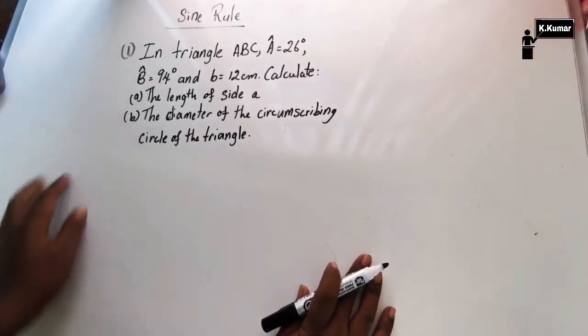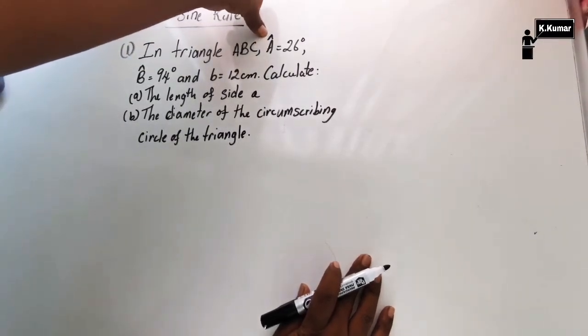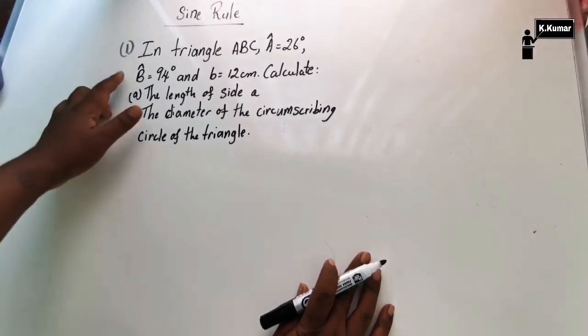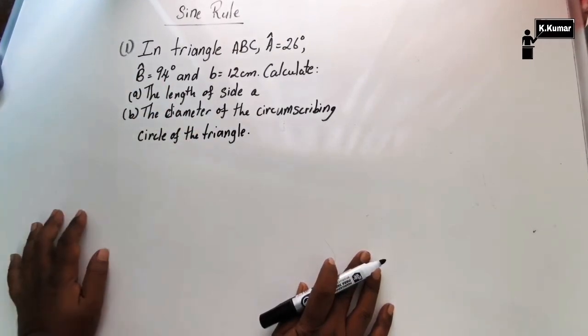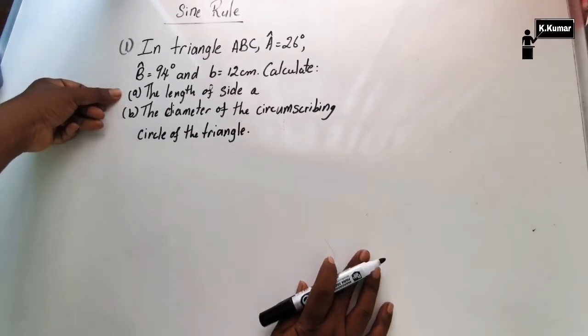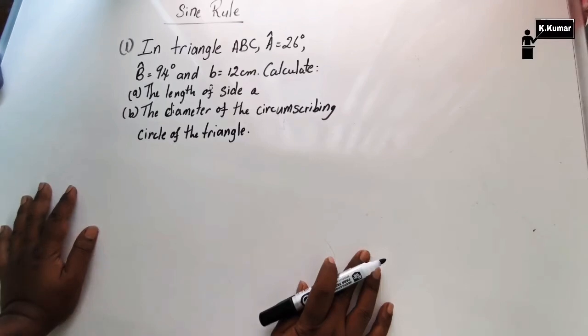So in triangle ABC, once you see this little hat at the top, that means the angle, right? So angle A is equal to 26 degrees, angle B is equal to 94 degrees, and side B is equal to 12 cm. Calculate (a) the length of side A, and (b) the diameter of the circumscribing circle of the triangle.